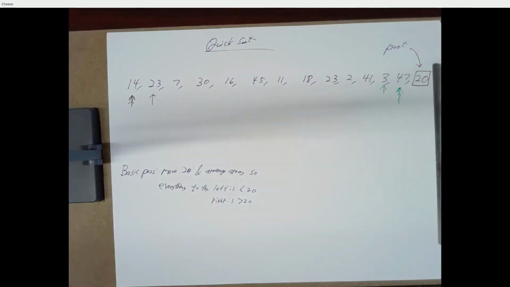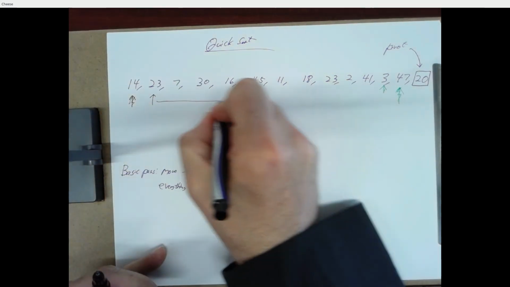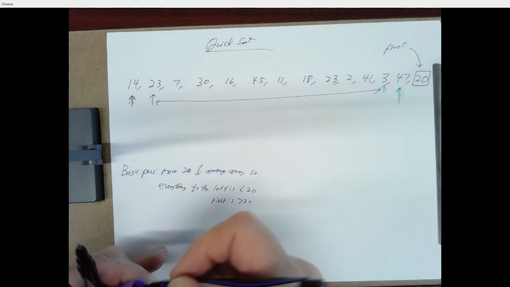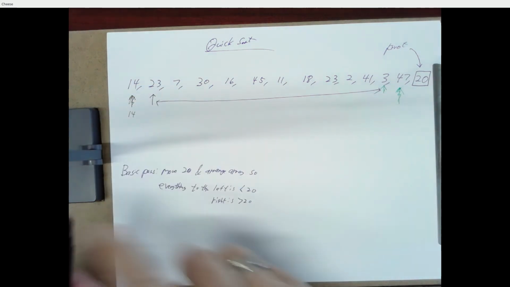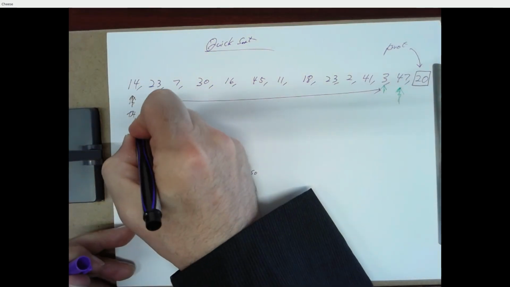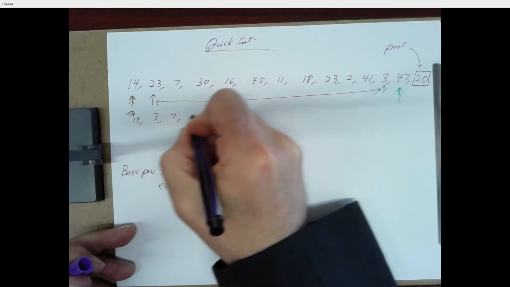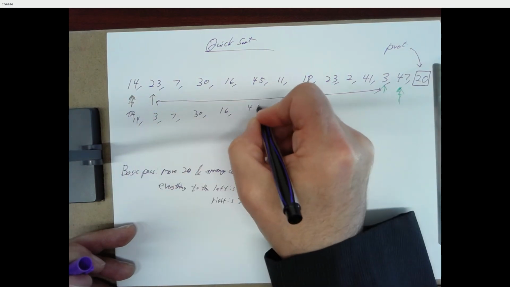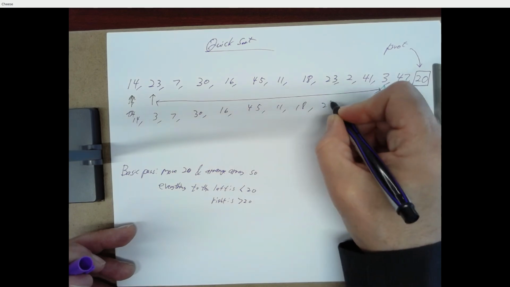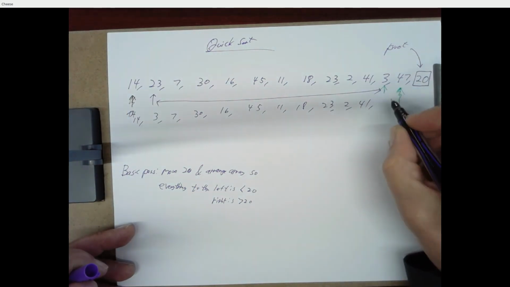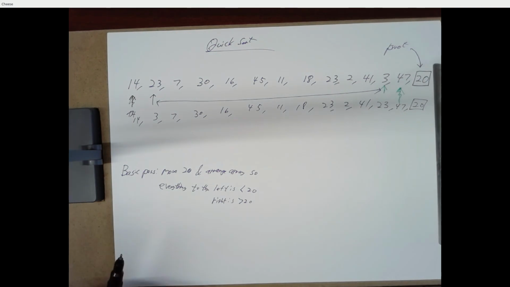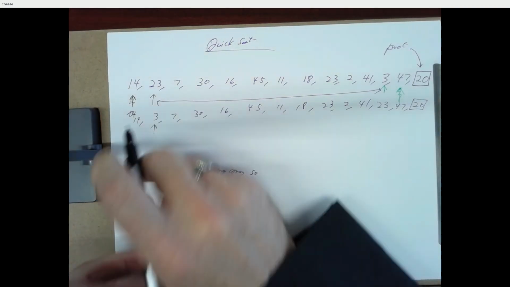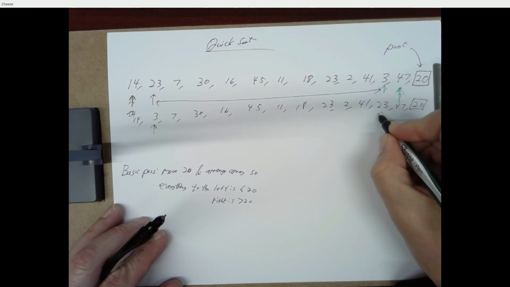So we're going to let them change places, and now our array is going to look like 14, 3, 7, 30, 16, 45, 11, 18, 23, 2, 41, and this became our 23, our 47, and 20 is still our pivot. And so this was our first index, and this was our second index.